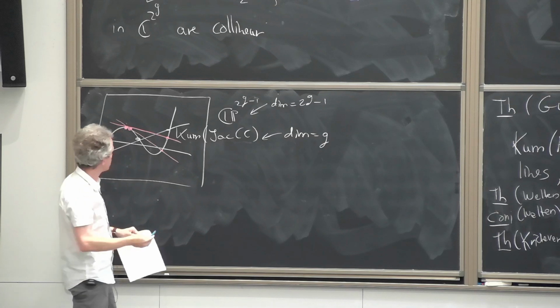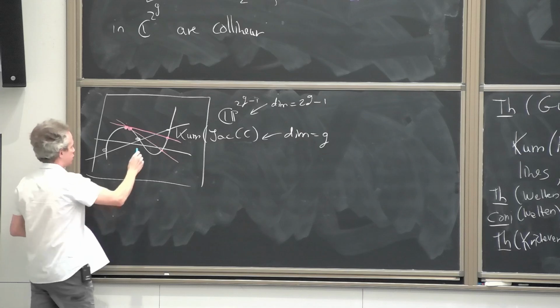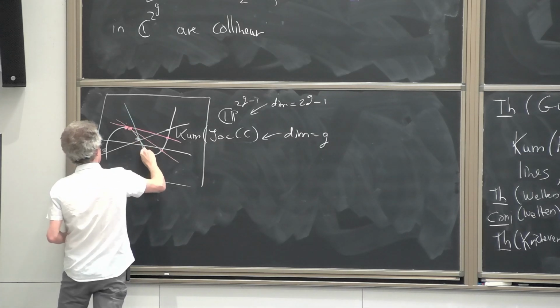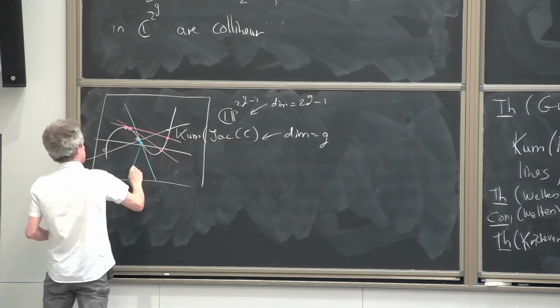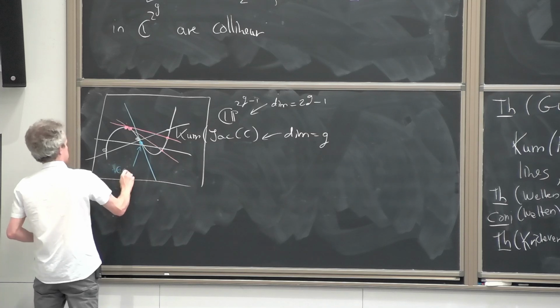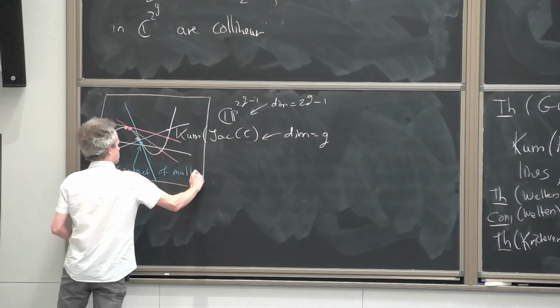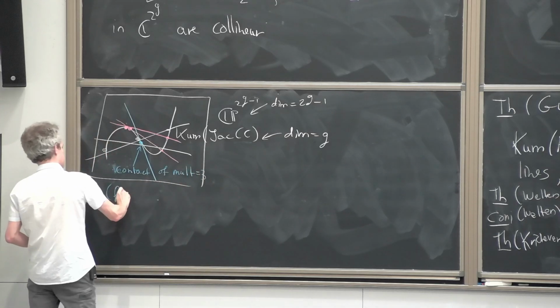but smaller. But what I can also do is I can now make this come closer and closer to the curve, and eventually what I'll get is what is called a flex line. So this is tangency contact of multiplicity 3, also known as a flex line.